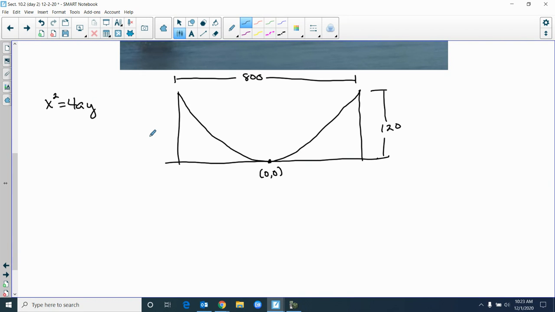Now, let's see what they want. Assume that the cable hangs in the shape of a parabola and touches the roadbed midway between the 2 towers, which we did. Find the length of the straight wire needed to suspend the roadbed from the cable at a distance of 250 feet from the tower. So I'm going to go from a tower over 250 feet. Oh, I didn't draw that very good. Let me delete it.